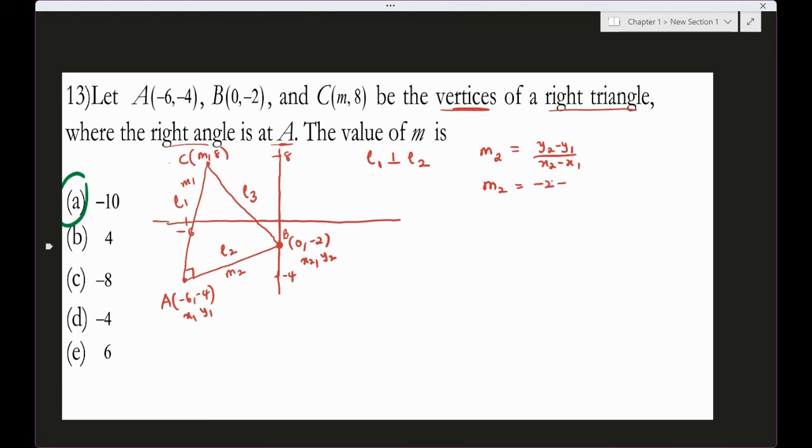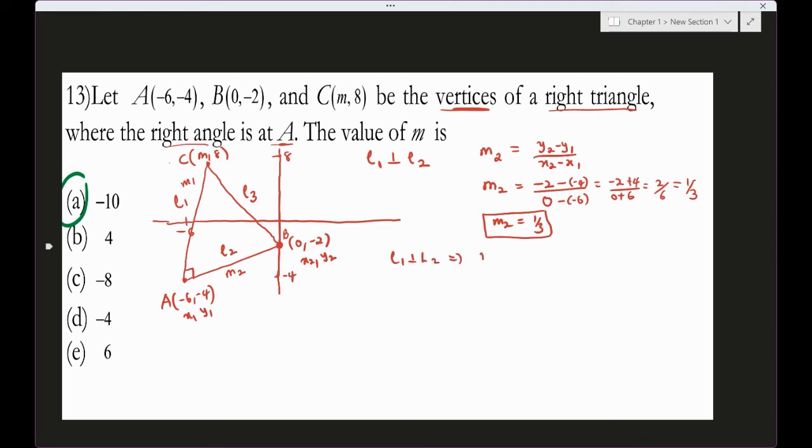So m2 is simply -2 minus -4, over 0 minus -6. So this is -2 plus 4 over 0 plus 6, which is 2 over 6, and this is 1 over 3. So m2 is 1 over 3.